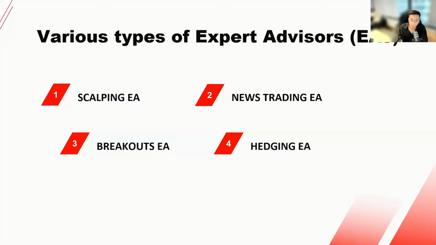Different EAs have different trading strategies, and let's take the news trading EA for example. It automatically places trades based on important news releases such as NFP, FOMC, and CPI. Yesterday we just had a CPI news, and let's say we are using a news trading EA.